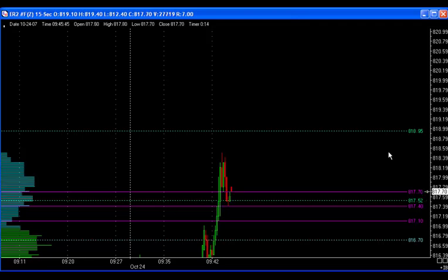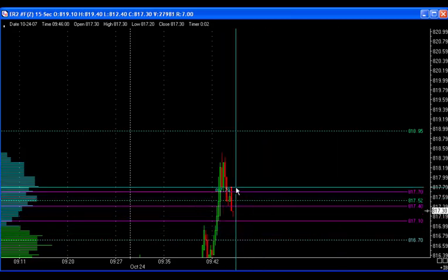So let's see where that goes. We're bouncing around the 817.50, 817.70 region. This region here, of course, is a congestion zone.